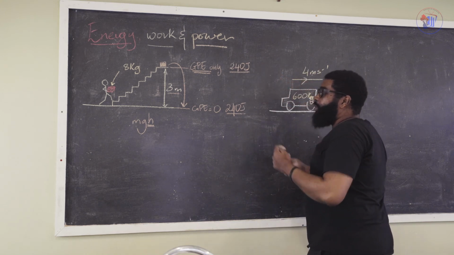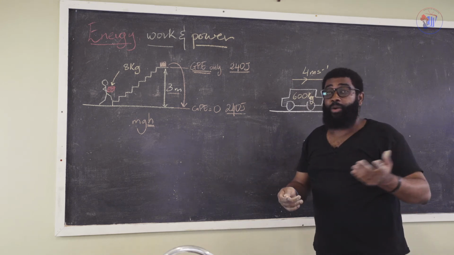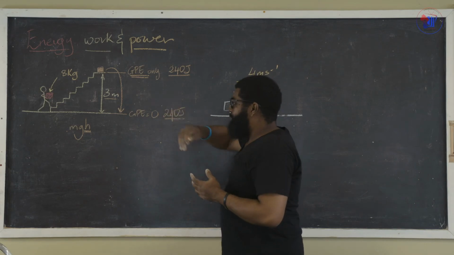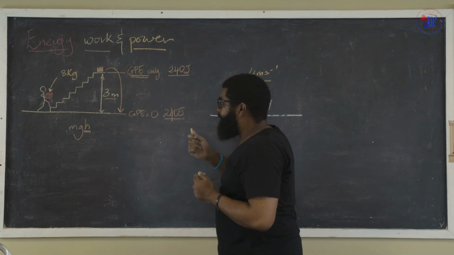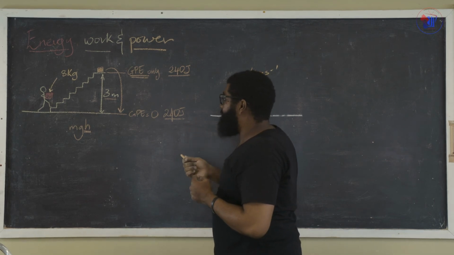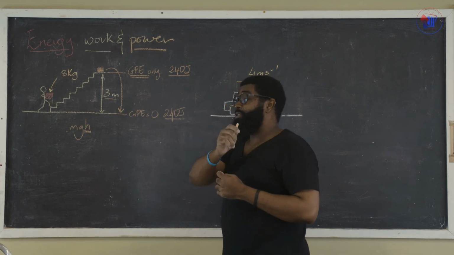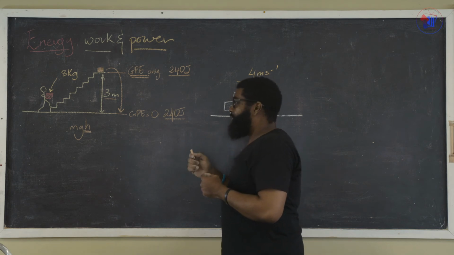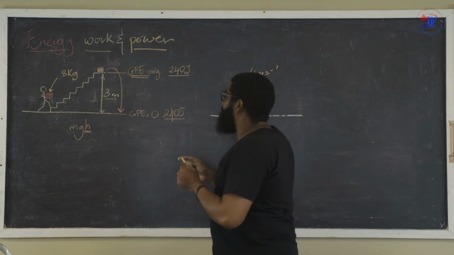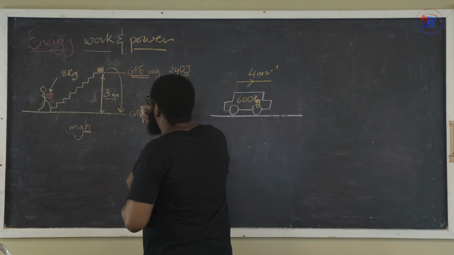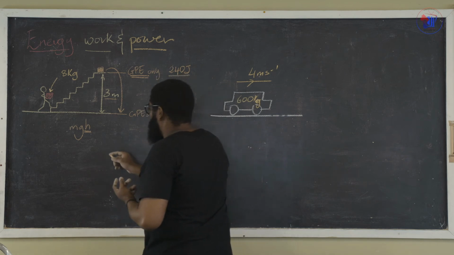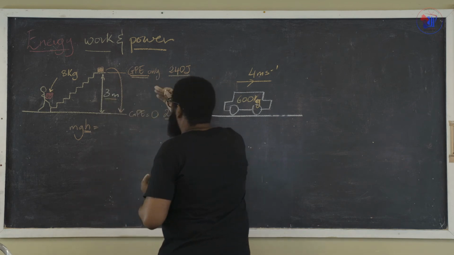So, a question can be posed, and I will pose that question to you now. If this object falls, what is the velocity of the object just before it hits the ground, that split second before it hits the ground? So, very simple. We use the formula mgh, and we find GPE at the top.